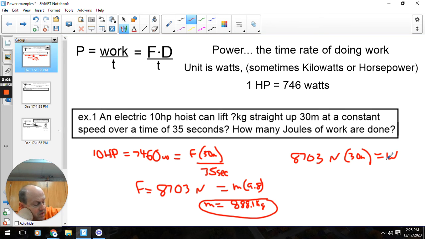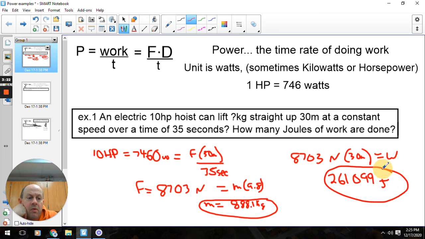For that, we would get 261,099 joules. Okay, so that would be how we do that example there. You may round a little differently, and that would be okay.